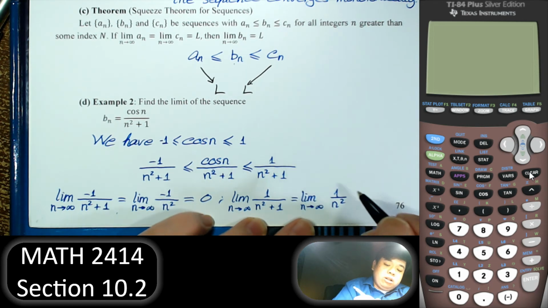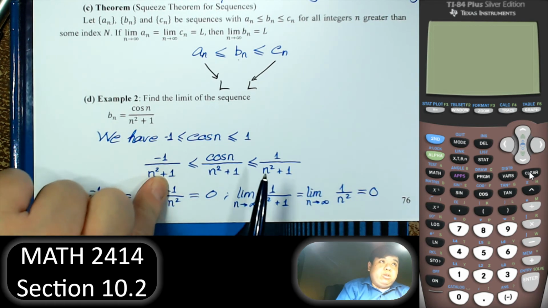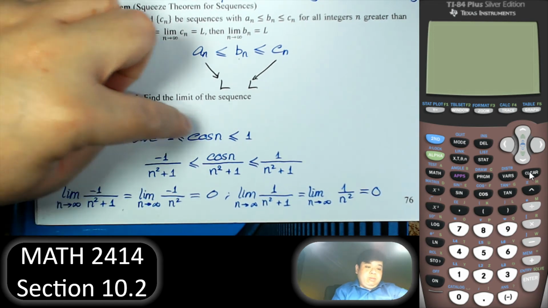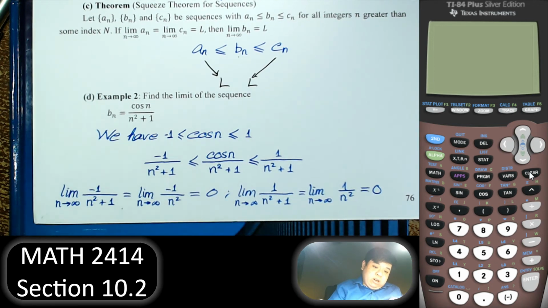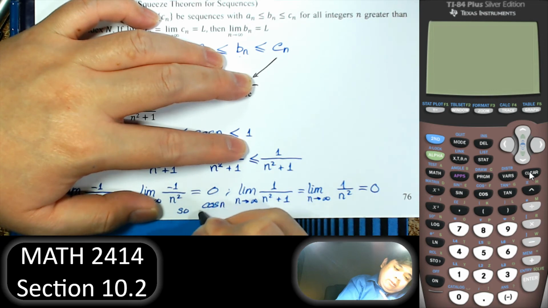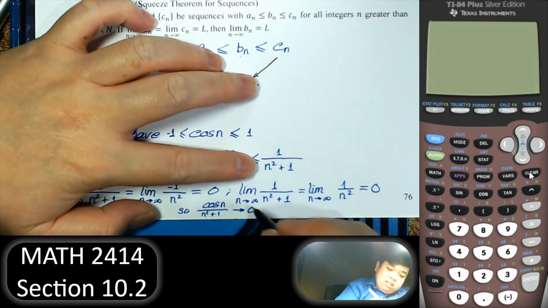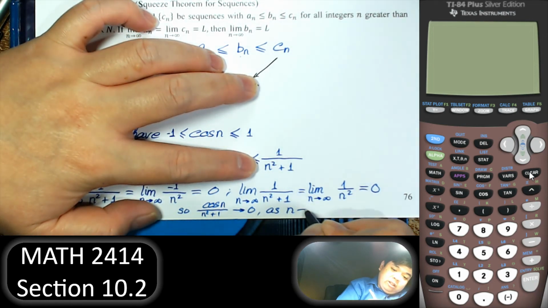That cancels out. Finite on the top, infinity at the bottom, so this one goes to 0. Now the left goes to 0, the right goes to 0, so the middle goes to 0. I ran out of space, so I just write it like that, as n goes to infinity.